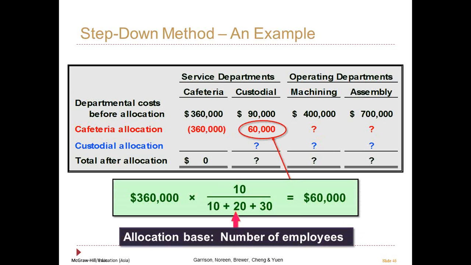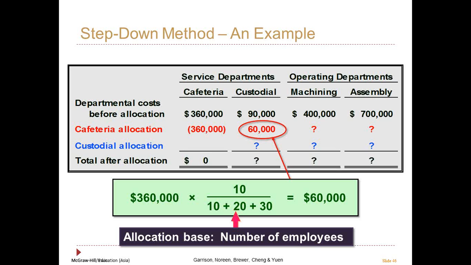The total number of employees in the allocation base is 60, 10 for custodial, 20 for machining, 30 for assembly. The allocation percentage is calculated by dividing the number of employees in a department by the total number of employees in the allocation base.